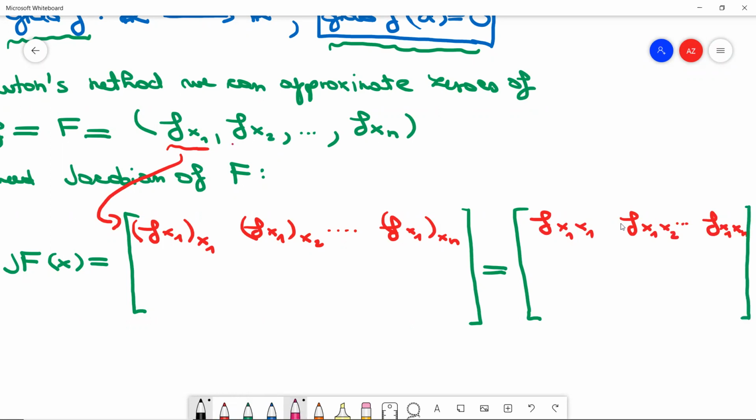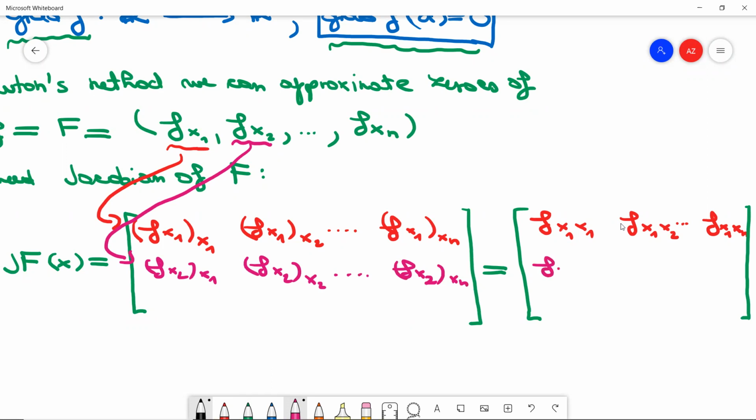And I do the same for the other coordinate functions. So f of x2, differentiate with respect to x1, then f of x2, differentiate with respect to x2, and so on. And in the second row, I get again second derivatives of f.